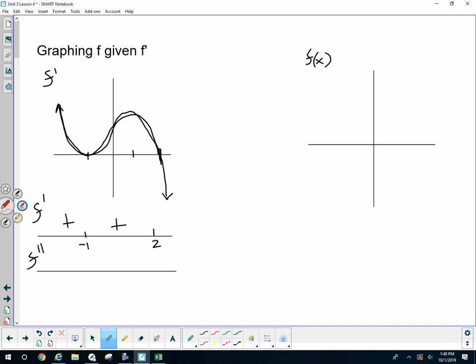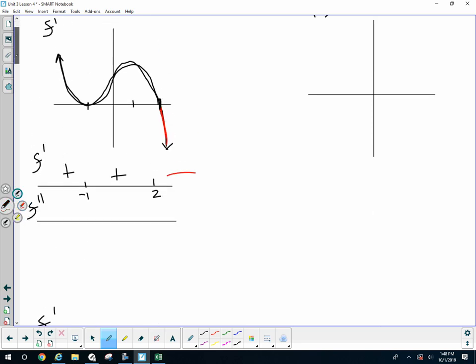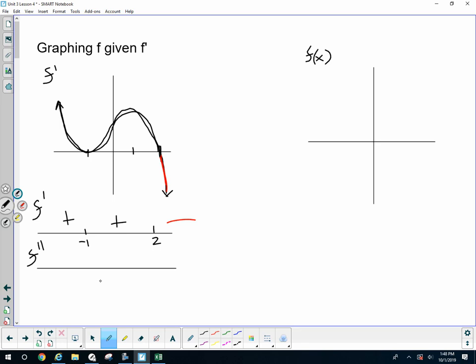They are negative after 2. Meanwhile, f double prime would be the slopes of the tangents of f prime. Negative tangent slopes until this 0 at -1. Positive tangent slopes until the 0 at 1. Negative tangent slopes after 1.